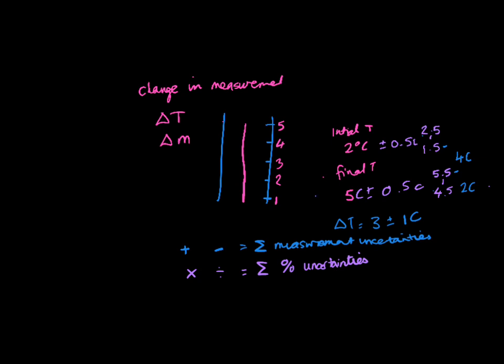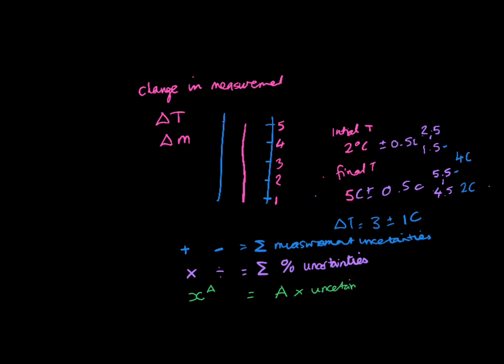So this bit is only in the HL specification, but if this is your IA, you should be doing stuff beyond your specification. If you are doing an exponential, so whatever your value, if it's to the power of A, you then need to times your uncertainty by A.